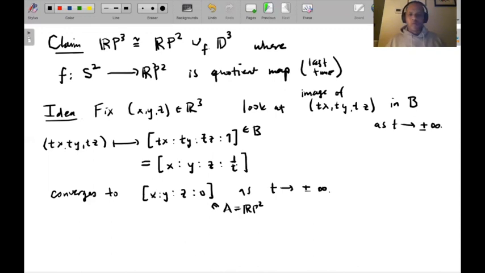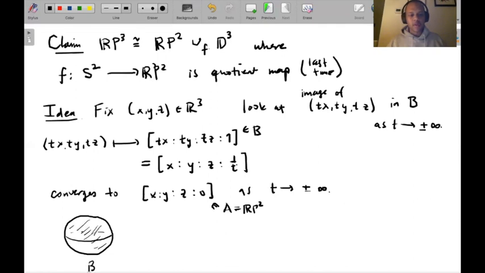So this is giving us a description of RP3. We have this three-dimensional ball, which is filled in.